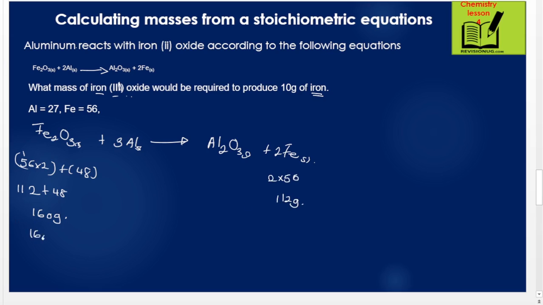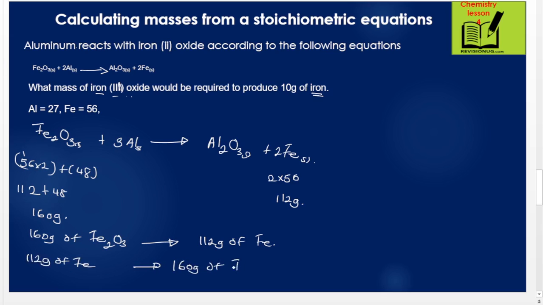Therefore 160 grams of iron oxide, when it reacts with aluminium, will produce 112 grams of iron. Then how about now 10 grams of iron? It means that 112 grams of iron come from 160 grams of iron oxide. If I need 10 grams of iron, how much iron oxide am I supposed to use?